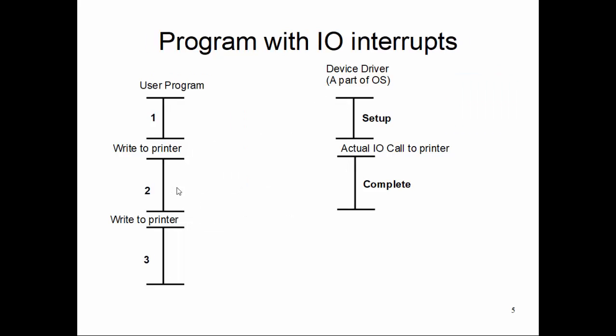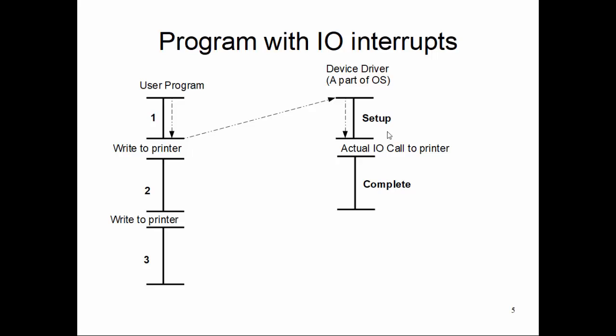But again, how do we save time and do parallel tasks when the printer is printing my page? Let's take the same example of printing twice in an application program. We process some information and jump to the device driver part and set up for the printer, like writing onto some registers and stuff like that.